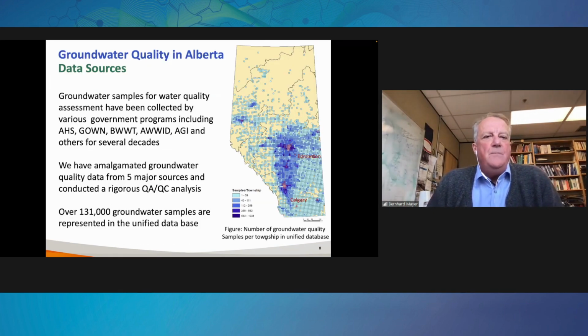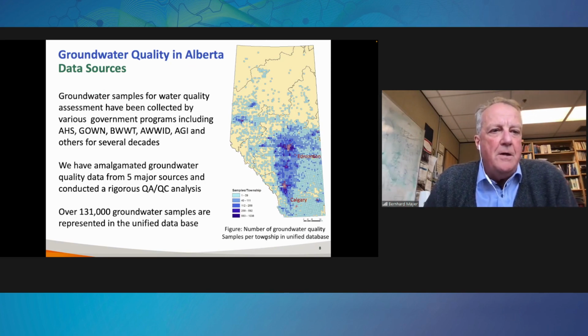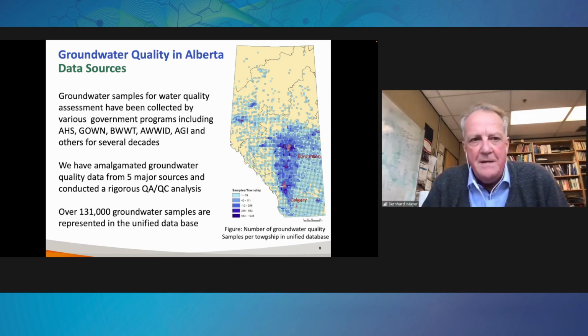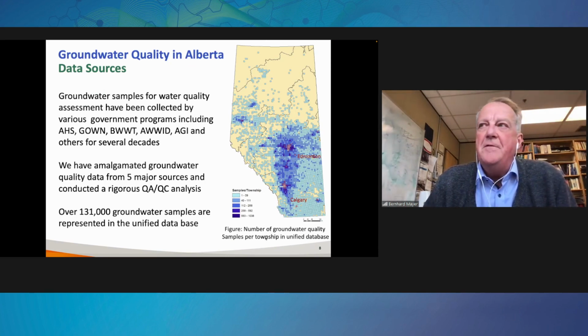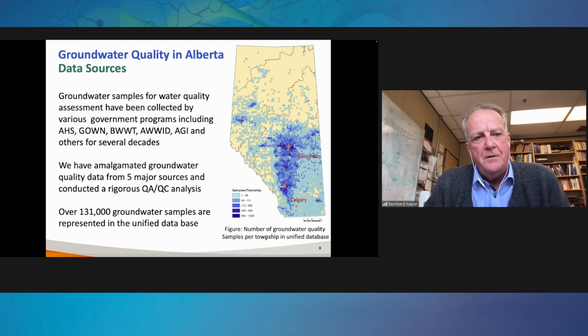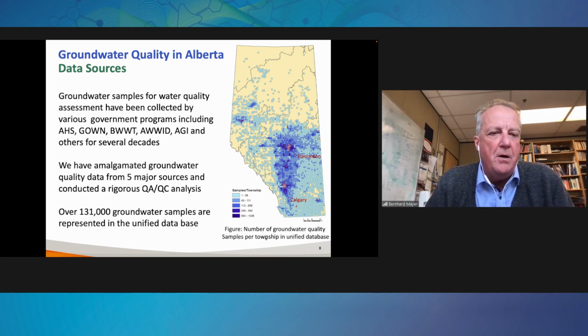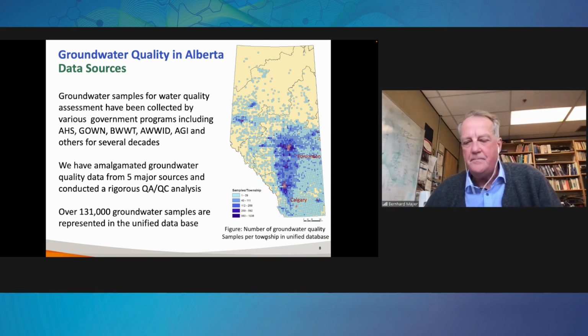In Alberta, groundwater samples for water quality assessment have been collected by various government organizations for many decades. What we have done over the last 10 years is amalgamate the groundwater quality information from 5 major sources and conduct a rigorous quality assessment and quality control analysis.